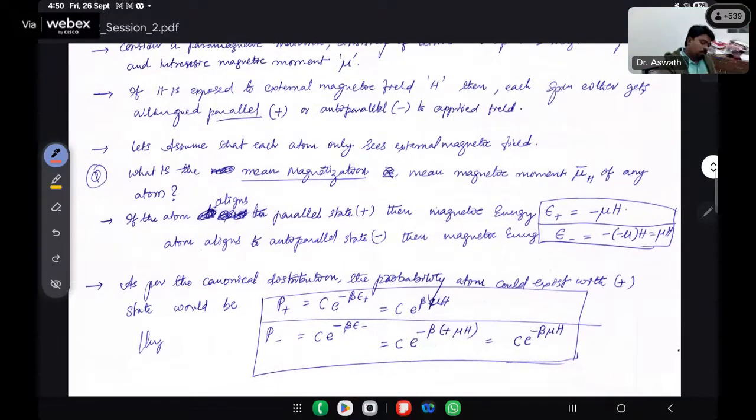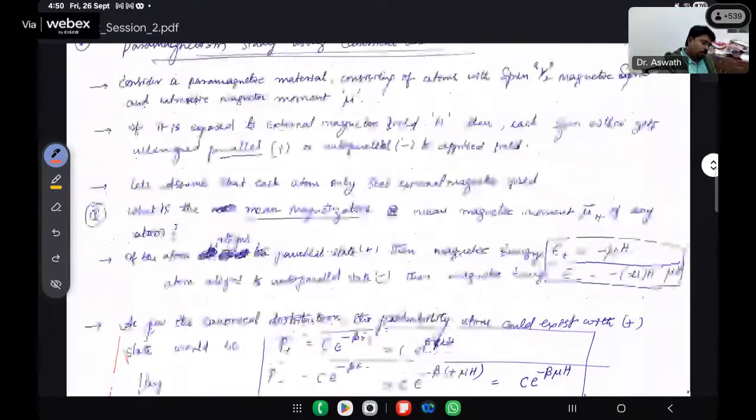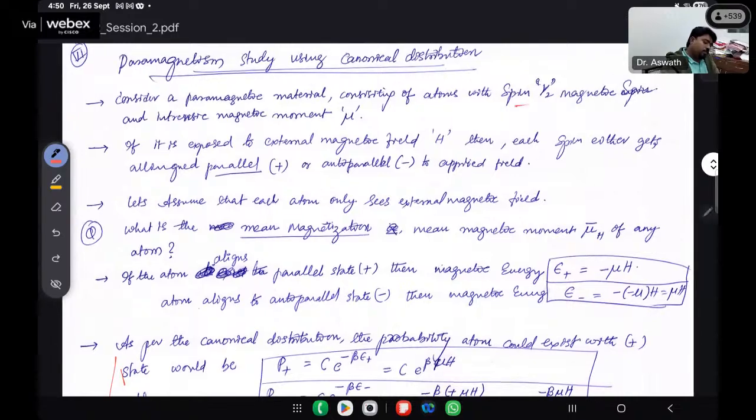That is what paramagnetic materials are actually made with. Now, if it is exposed to some external magnetic field H, each spin would either get aligned positively or anti-parallel negatively for the applied field.